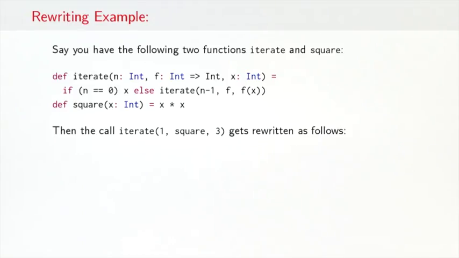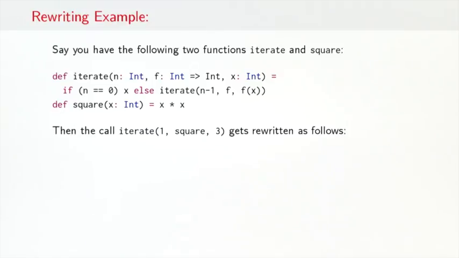Now, let's see that in action in an example. Say you have two functions, iterate and square. Iterate would apply the given function f n times on the given argument x. And here you see its right-hand side. Square is just a squaring function that takes an argument and multiplies it by itself.